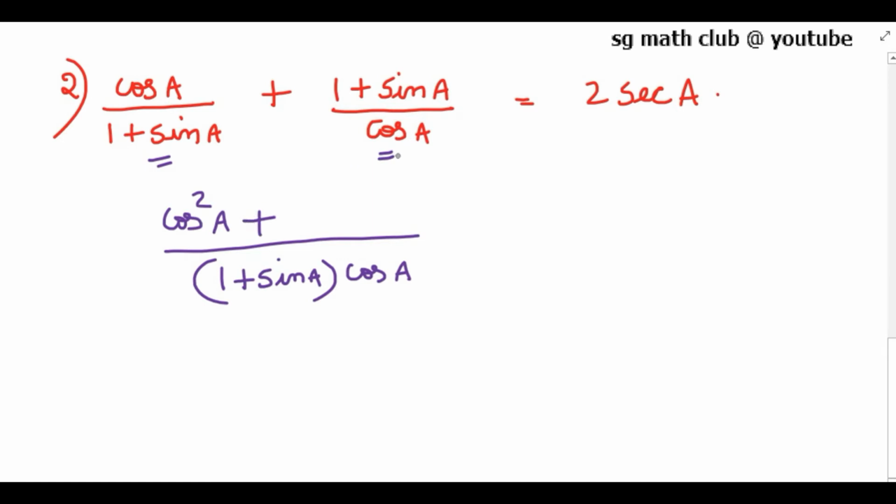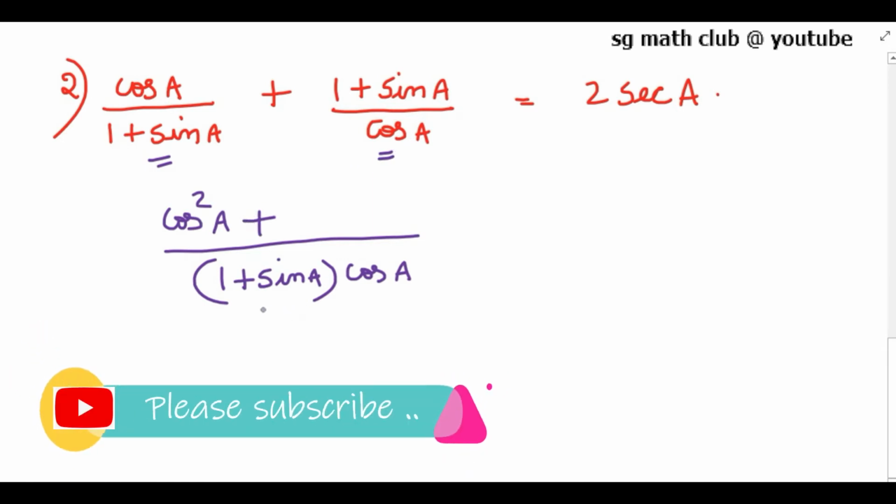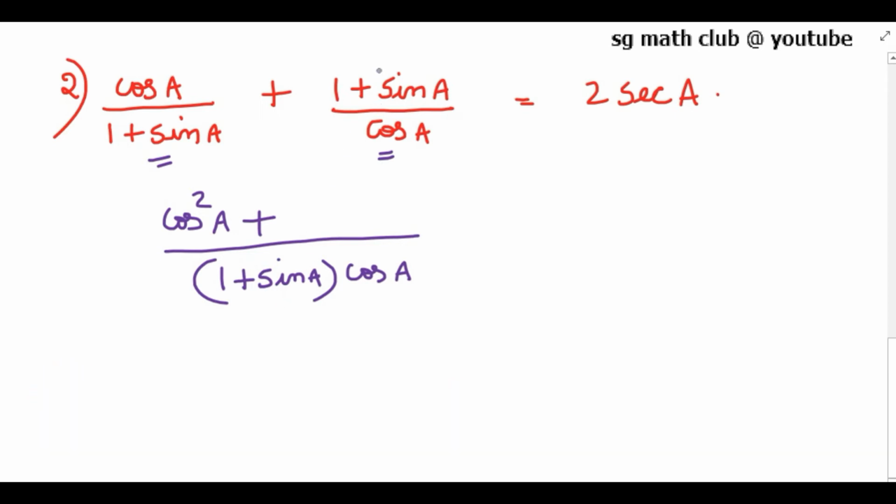Same way, what you should multiply with cos A to get this denominator? You have to multiply 1 plus sin A. Same thing you have to multiply in the numerator also. So you have 1 plus sin A the whole square. So this I can write as cos square A plus 1 plus sin A the whole square.